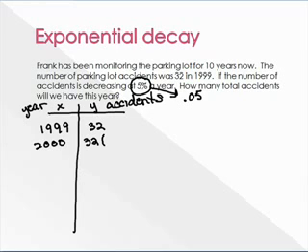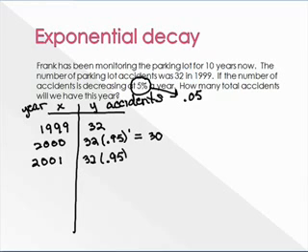So instead of going 1 minus 0.05, let's just go 0.95, and we'd raise it because it's that next year, just times 1 to the first power. Okay, and then if you do that and round it, I got about 30 accidents then. Okay, so in 2001, we'd have to take that answer that we just had in the last one, but instead of showing it as 30, I'm going to show it as 32 times 0.95, and then we take it times 0.95 again.